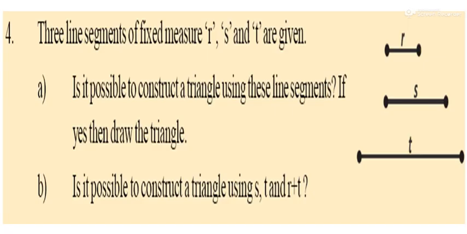Now come to the next one. Three lines are given here, and that is the fixed line R S T. We don't know the measurement. First one, is it possible to construct a triangle using these line segments? If yes, then draw the triangle. Is it possible to construct a triangle using ST and R plus T?